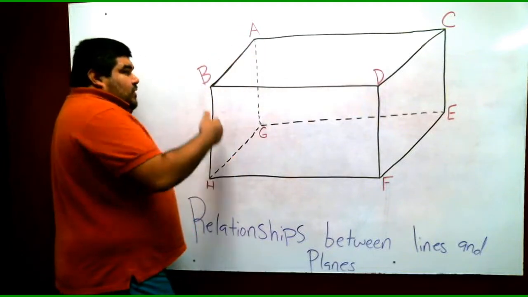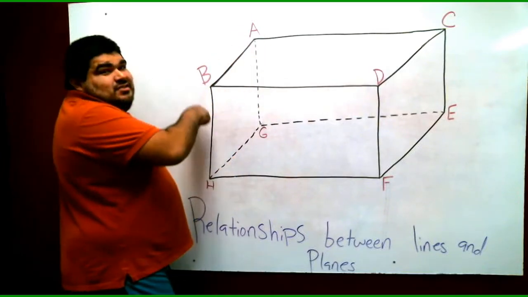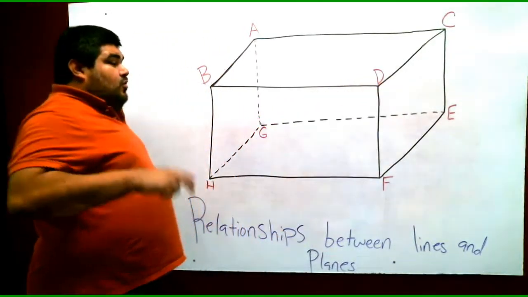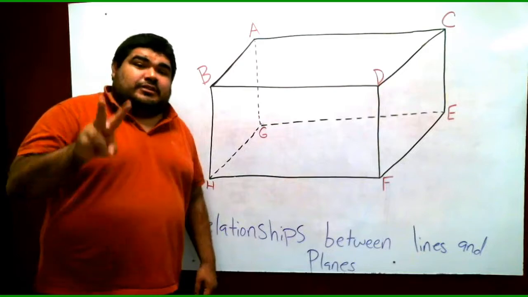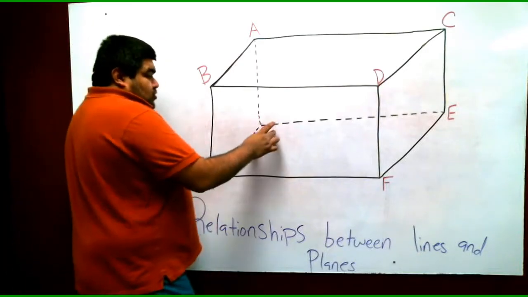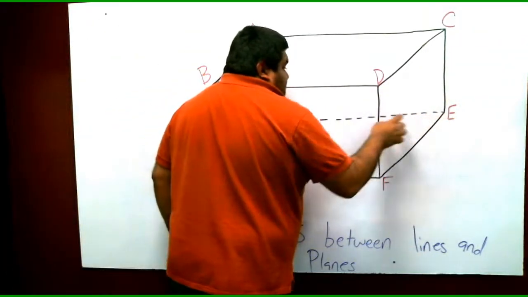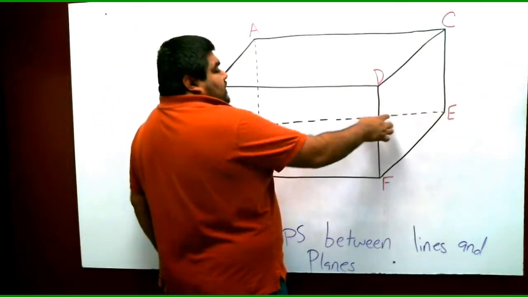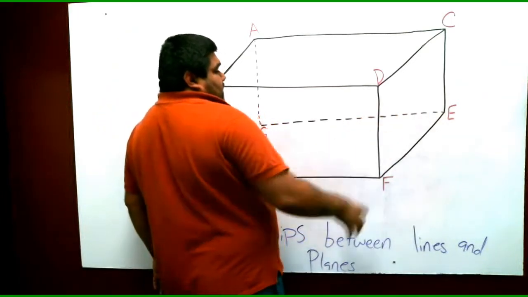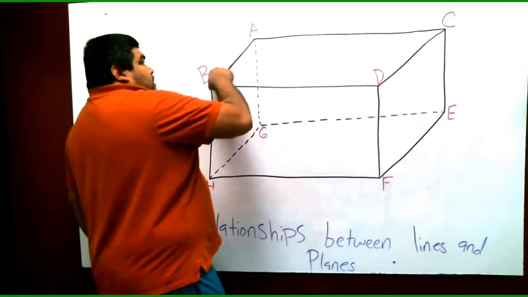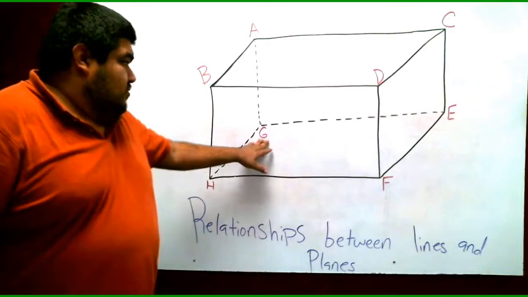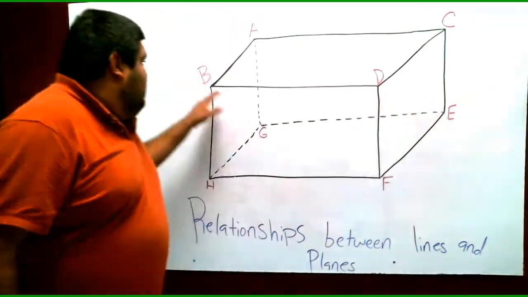You might ask yourself, what about BH? BH is not, because it's parallel to DF. Okay? So our only 2 answers here are GE, because it does not intersect. This is not intersecting, this is just the 3D part of the back. Okay? Also, BA is not intersecting and is not parallel. So your answers are GE and BA.